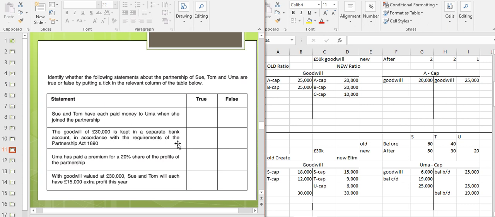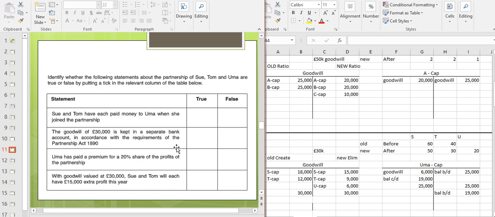Now that's a whole separate story in itself, and I don't want to get into that detail. Purpose of this video is focusing on goodwill and capital double entry transactions, so I'm not going to do much detail, so I'll stop there.